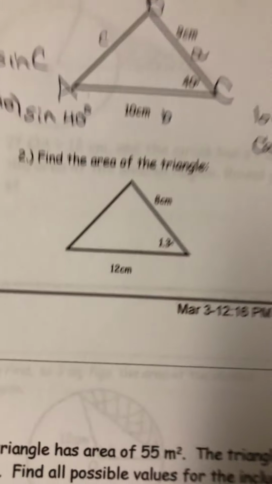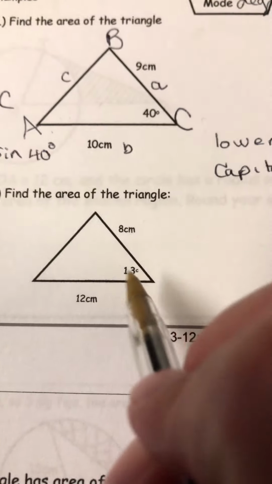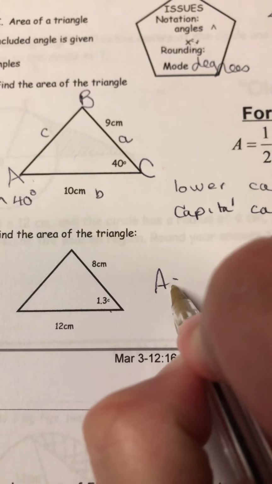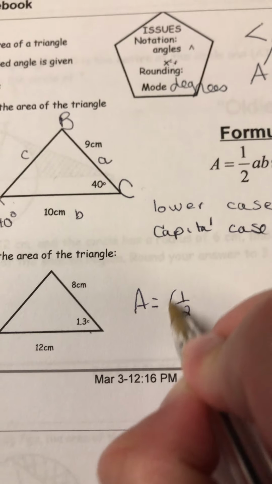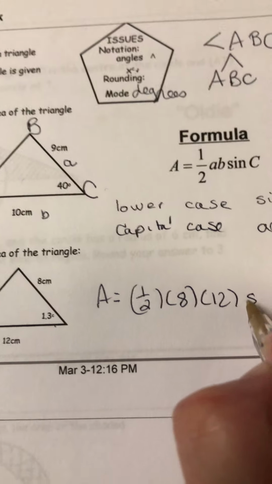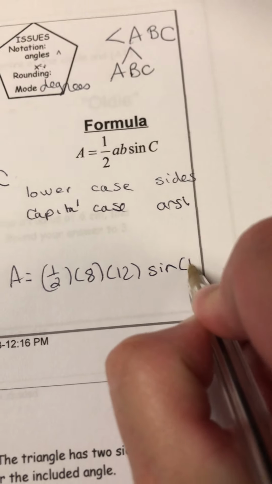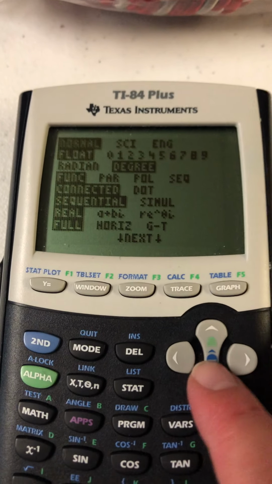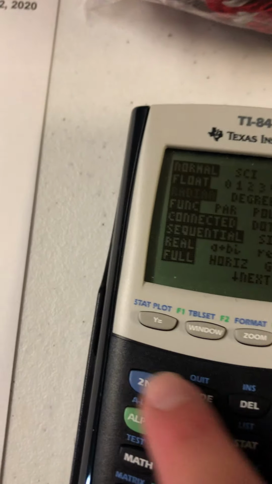Here's example number 2. Look at that, I gave you a radian measurement. Not a problem. I can find the area of this triangle. It'll be 1/2 times 8 times 12 times the sine of 1.3. It's in radians, not a problem. I'm going to go back to my calculator and change it back into radians.